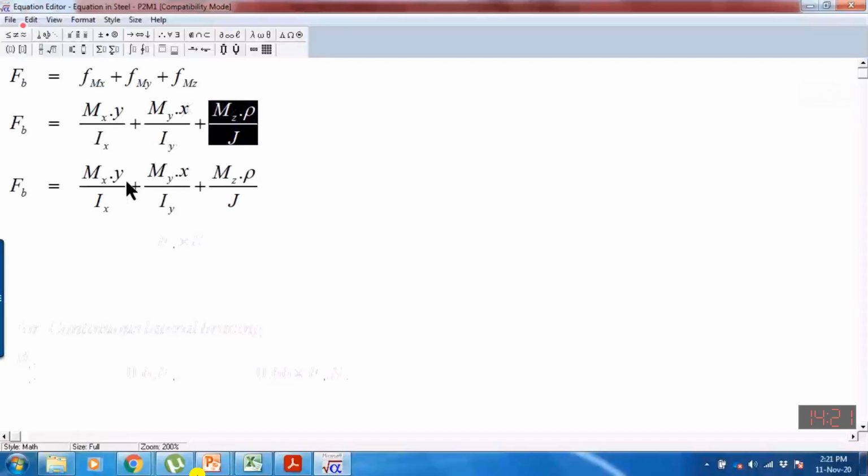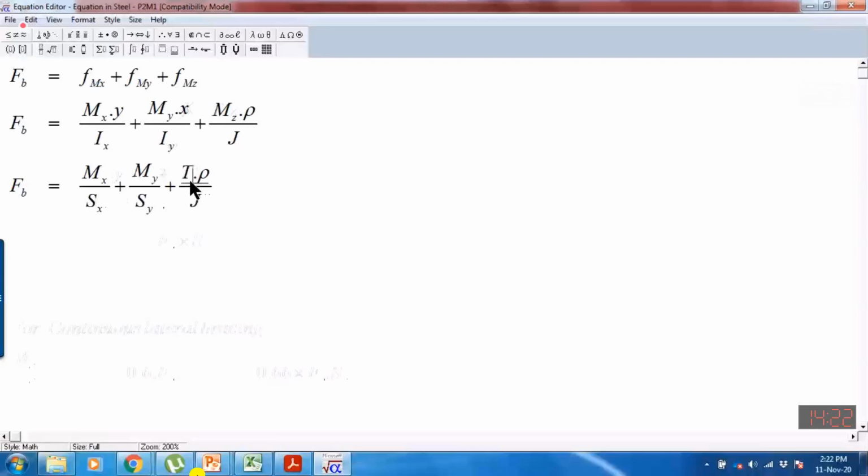Instead of this, I can write Sx, because I over y is equal to Ix, and similarly I can write Sy, just to modify. And here Mz is equal to torsion, both are the same. So torsion stresses are difficult to compute.